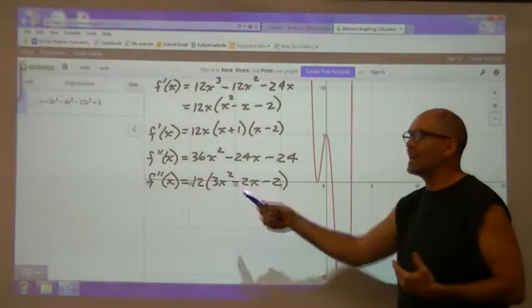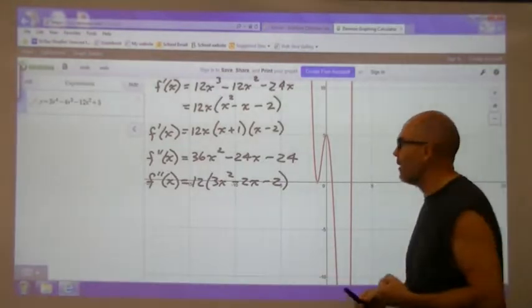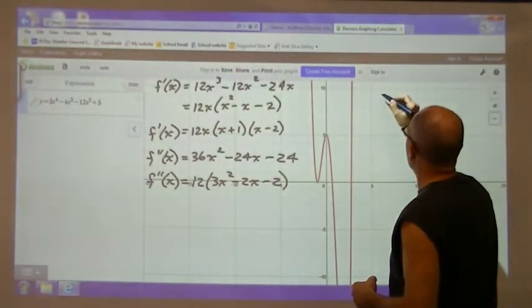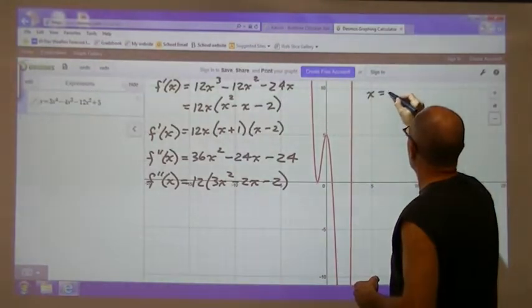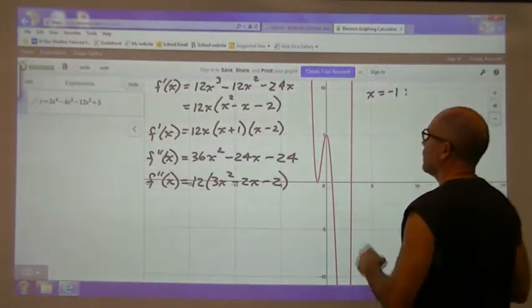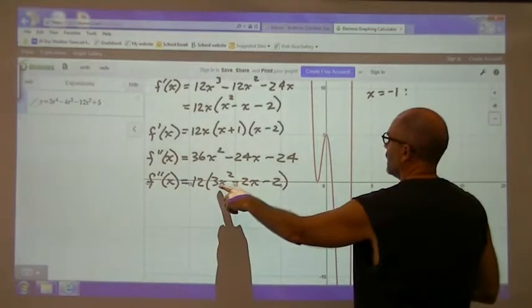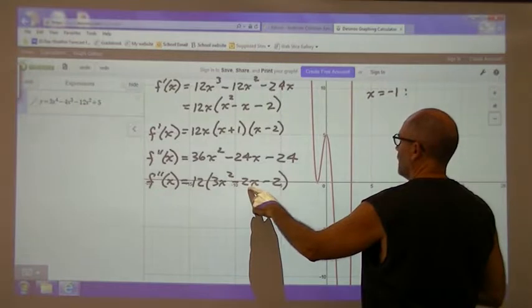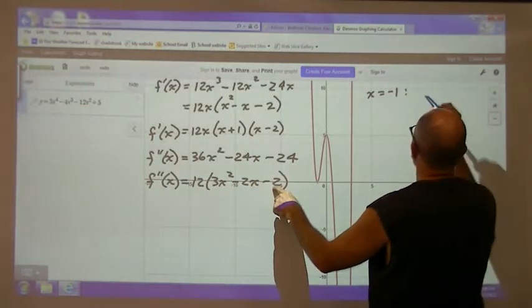And we're going to use the second derivative test now to find out. Notice, at x equals negative 1, plug in negative 1 here, and you get 3 plus 2 is 5, minus 2 is 3.